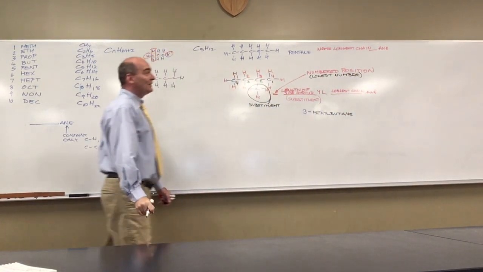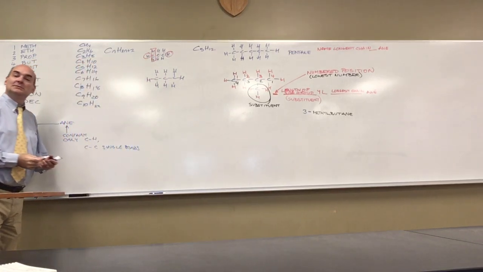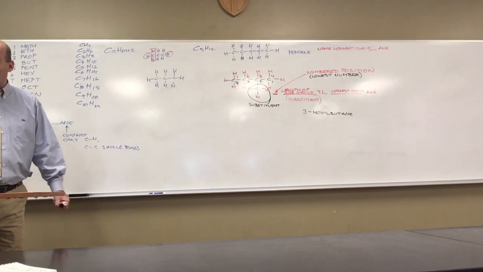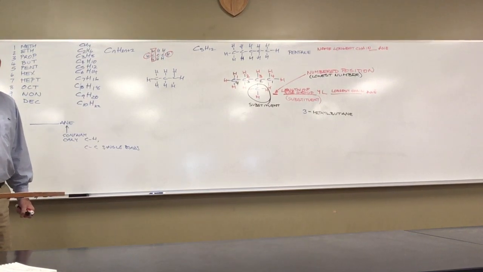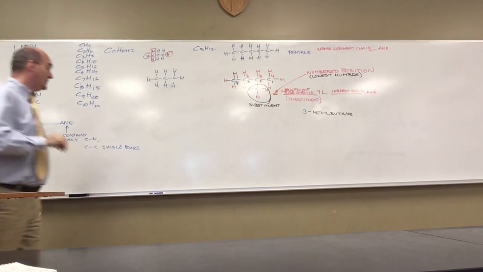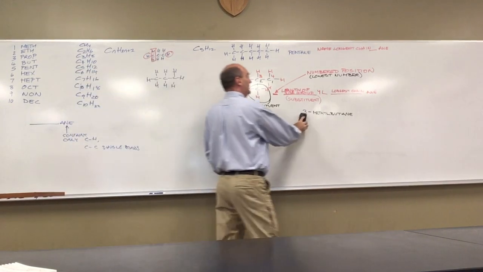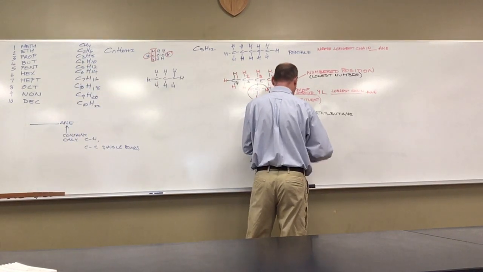So is that really 3-methylbutane? Not if you read it from right to left, it's not. It's now 2-methylbutane. Turns out 2-methylbutane and 3-methylbutane are the same thing. That's going to happen.